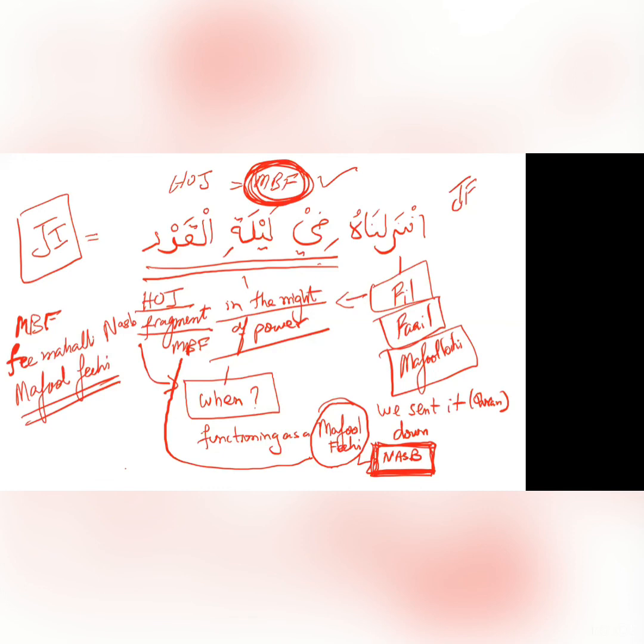Can you please quickly tell me about fihi? I just forgot. No problem at all. Fihi means in it. Okay. Maf'ul fihi is essentially, in a simple jumla ismiya, an ism in nasab status answering the question of when and where.